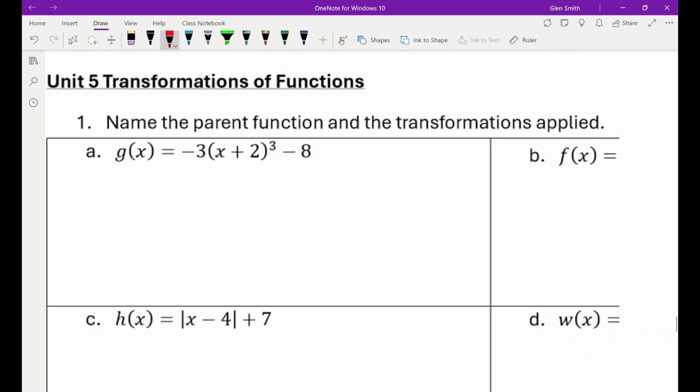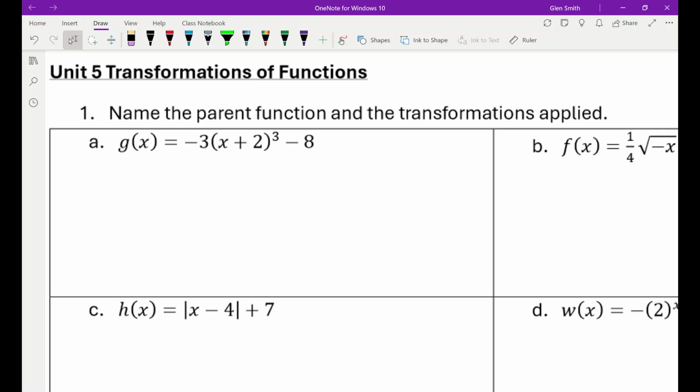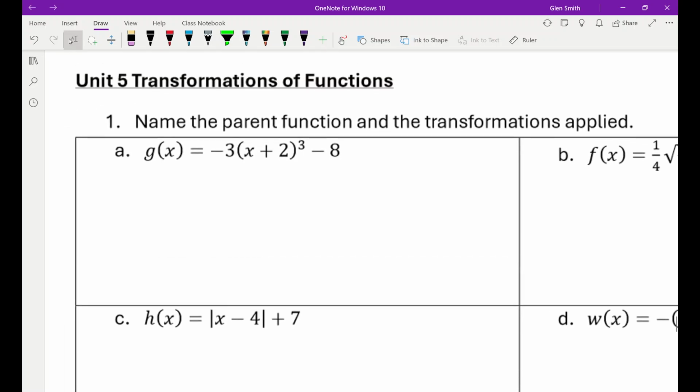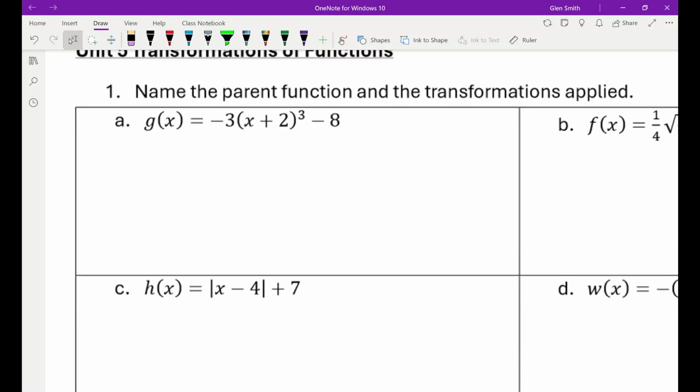All right. The transformations of functions, which we are still kind of doing in class for me. But just to name the transformations that are applied here. So the parent function first is just x cubed. And we would call that a cubic if we had to name it. And the transformations that happen: the -3 does two things.